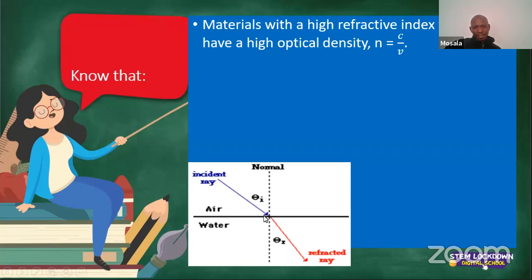It's the same light ray, but it changes direction as it is being slowed down because it is entering a material of different optical density. So it moves from air to water with different optical density, and it will bend towards the normal. It will be refracted towards the normal.